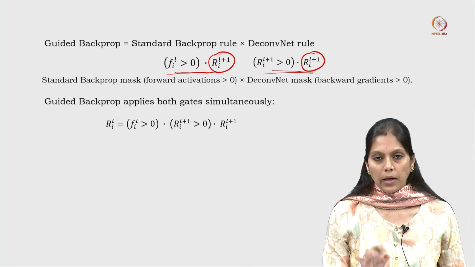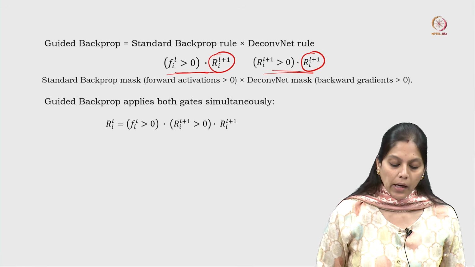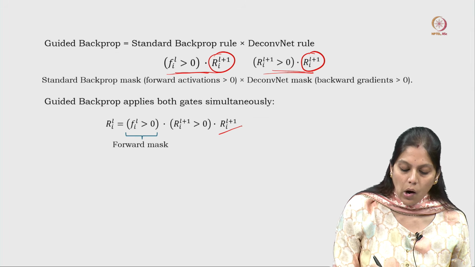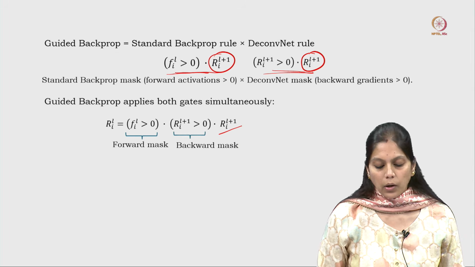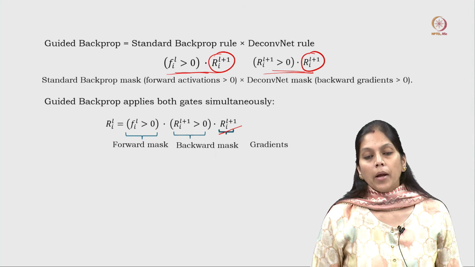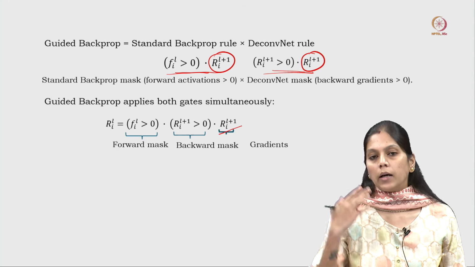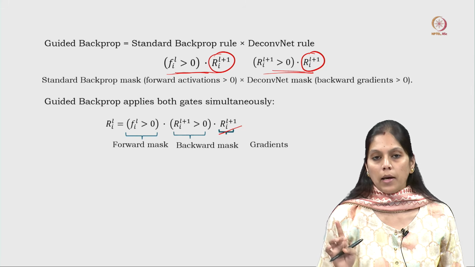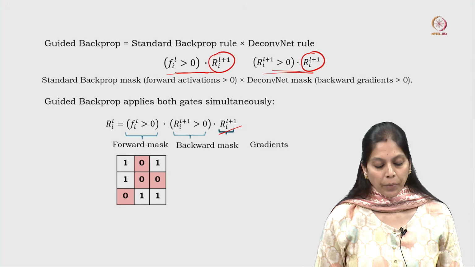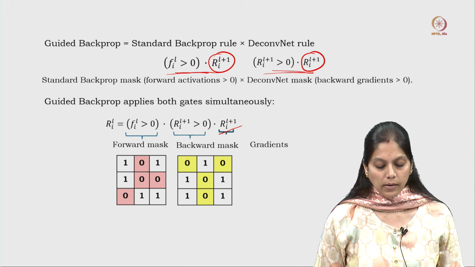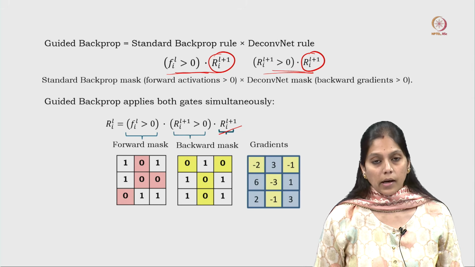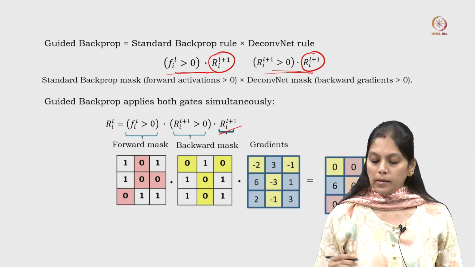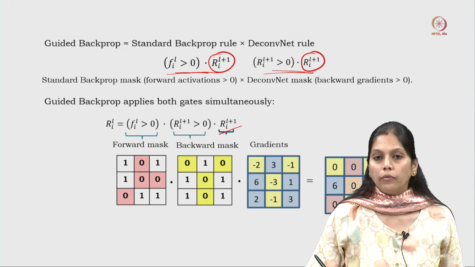Therefore, the final equation looks this way: onto this gradient the forward ReLU mask, and the backward ReLU mask, and this is the gradient. Now we take each of these matrices and perform an element-wise multiplication. This is the forward ReLU mask, this is the backward ReLU mask, and these are the gradients. We do the multiplication, and this is the matrix that we have obtained.